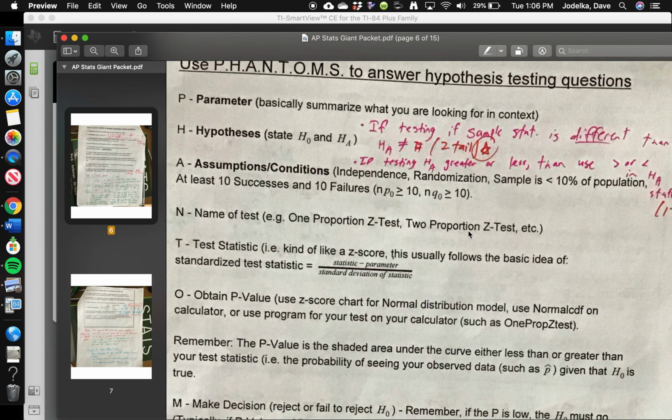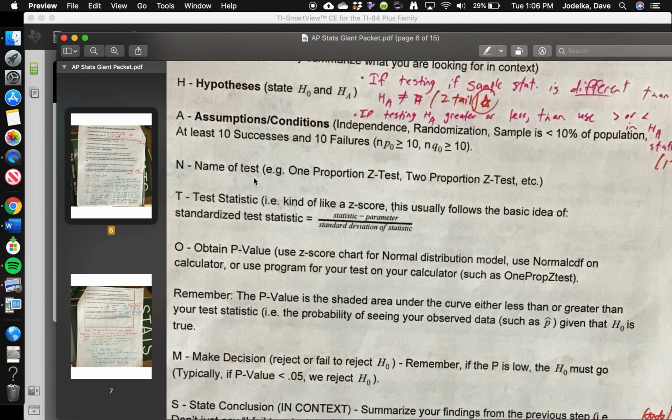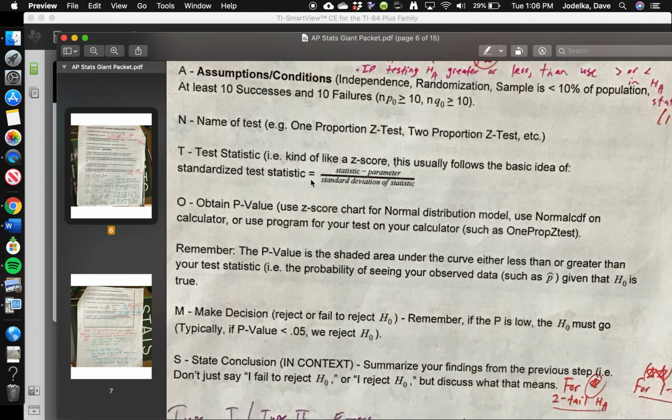Same assumptions and conditions. Now, the name of your test, just like the name of your interval, is either 1 proportion z test, 2 proportion t test, or whatever the case may be. Now, test statistic, that's sort of like a z-score. Again, that is literally found on the calculator. You don't have to worry about that. The p-value is also found on your calculator. What is the p-value?